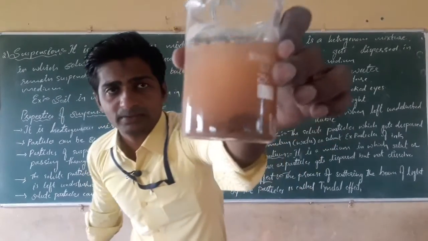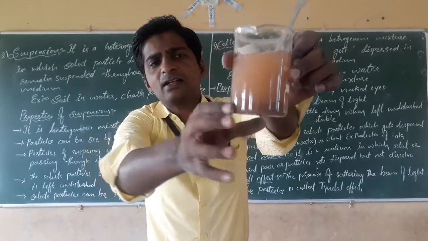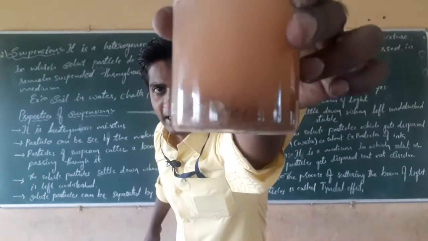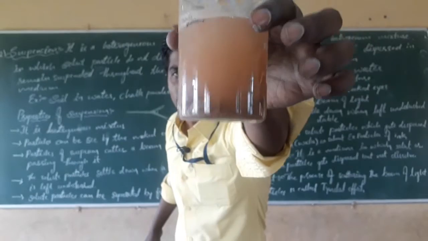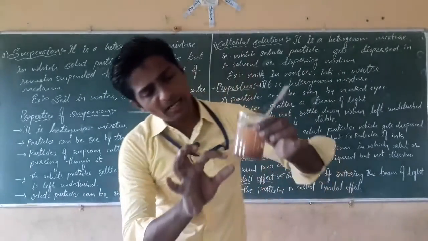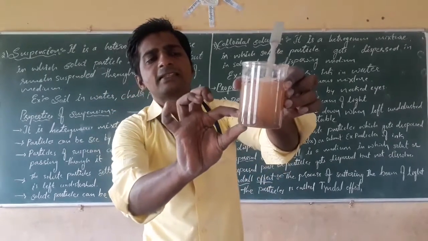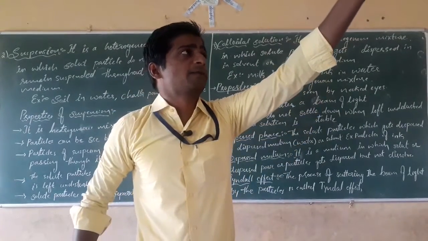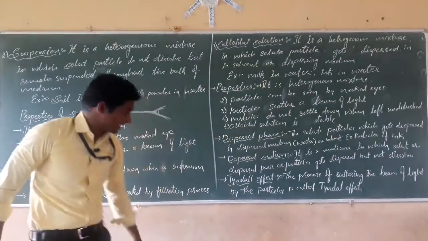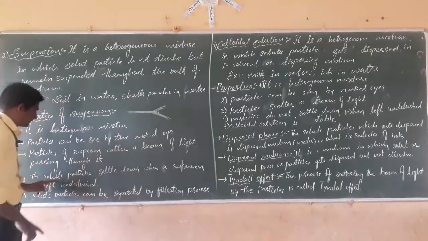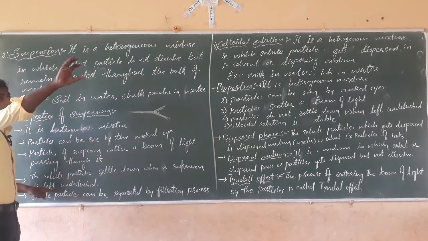You might be seeing those particles settled at the bottom. The soil particles are settled at the bottom, and the water remains in the layer above the layer of soil. When we keep it undisturbed for a few minutes, the particles of the solute get settled at the bottom. That is a suspension.